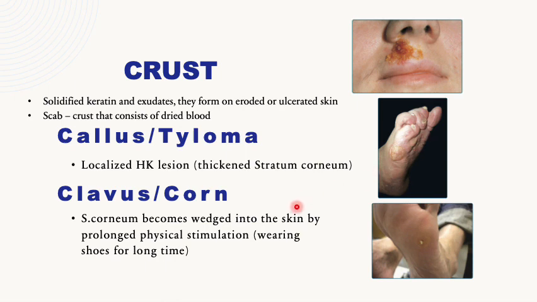And the clavus or corn. In clavus or corn, the stratum corneum begins wedging into the skin by prolonged physical stimulation, for example, wearing shoes for a long time. And here in this photo, you can see the corns on the foot.